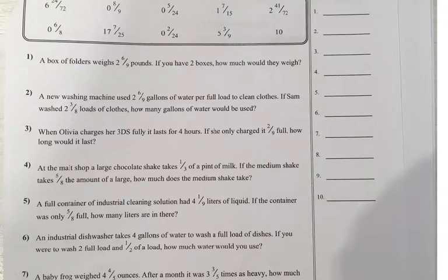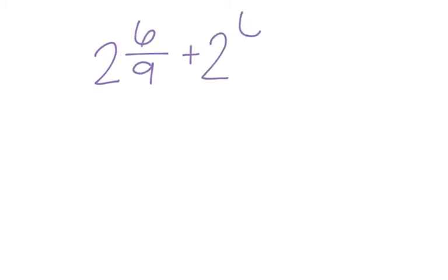Number 1 says a box of folders weighs 2 6/9 pounds. If you have 2 boxes, how much would they weigh? So you have 2 6/9 plus another box that is 2 6/9. You would go ahead and solve. You can get 4 12/9.